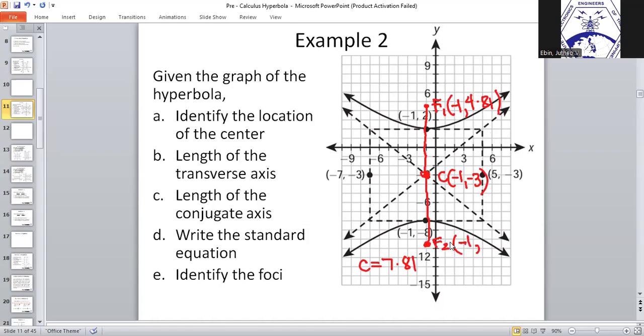Mapupunta ngayon kay -10.81. Okay? So, ganun lang yung pag-identify ng foci kapag given yung graph ng hyperbola.